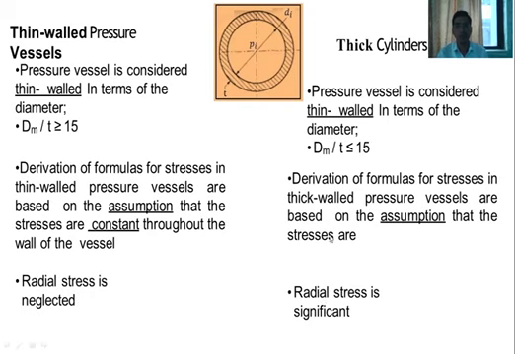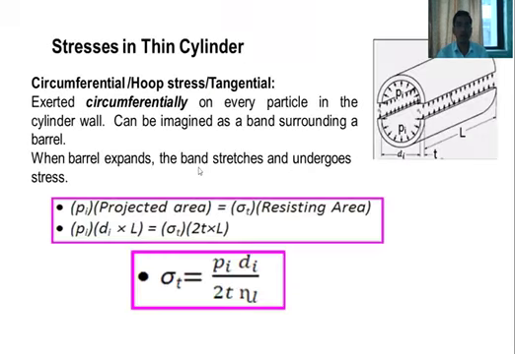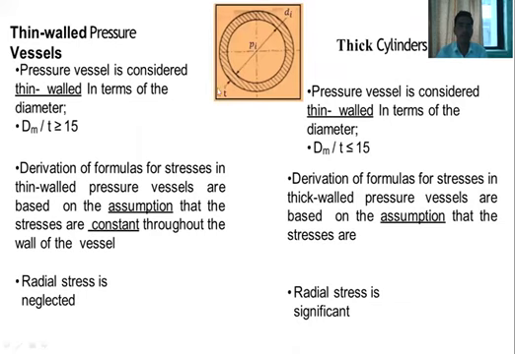Here radial stresses are considered in thick cylinder design. In the diagram, Pi is the internal pressure, t is the wall thickness, and Di is the inner diameter of the cylinder or vessel.